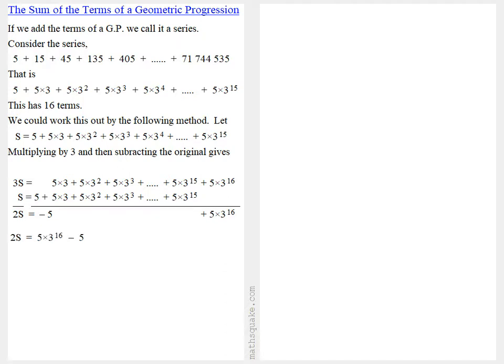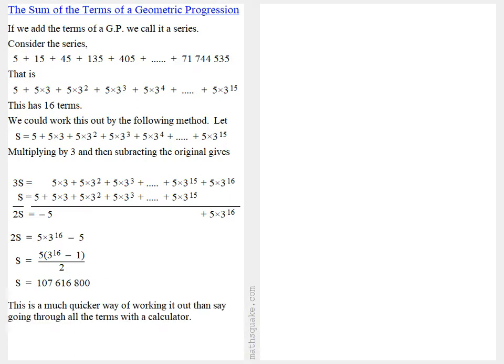So 2S is equal to 5×3¹⁶ minus 5, or S is equal to 5 into (3¹⁶ − 1) all over 2, which actually works out to be 107,616,800. Now this is a much quicker way of working it out than going through all the terms with a calculator. Now we can do this to get a general formula.